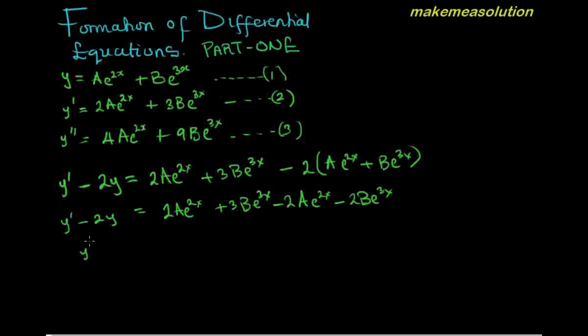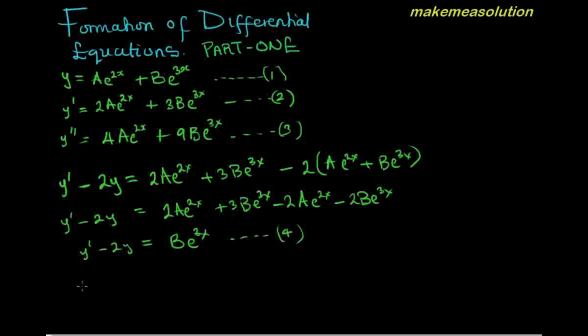So y prime minus 2y is equal to, 2a exponential 2x cancels out 2a exponential 2x. We have 2b exponential 3x being subtracted from 3b exponential 3x, and that gives me b exponential 3x. So this is equation 4.